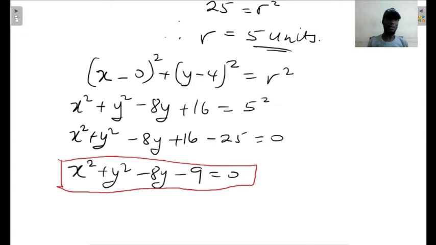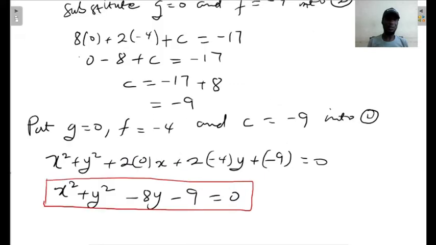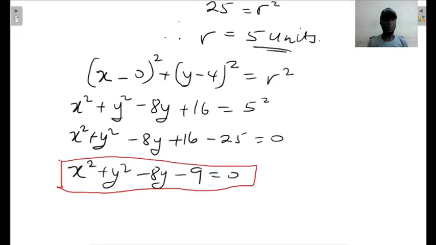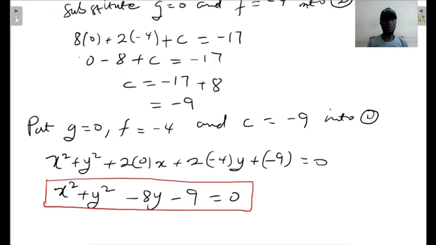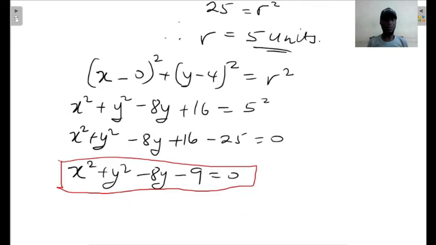And by comparing with the first formula, we can see that they are the same: x squared plus y squared minus 8y minus 9 equal to 0. That shows that we can use this one to get what we are looking for. Let's now move on to method 3.